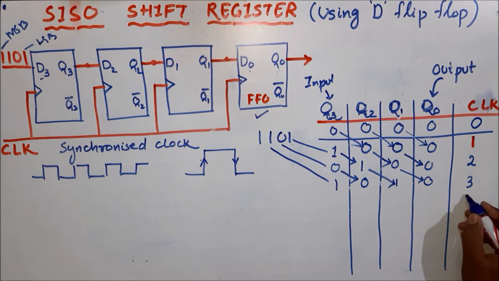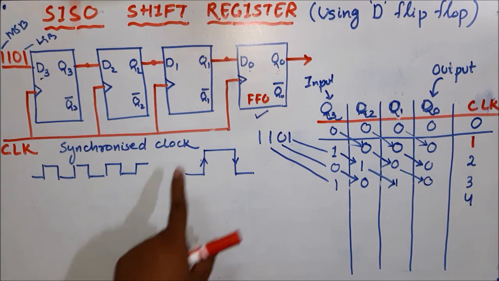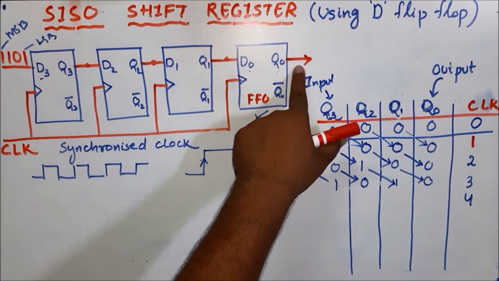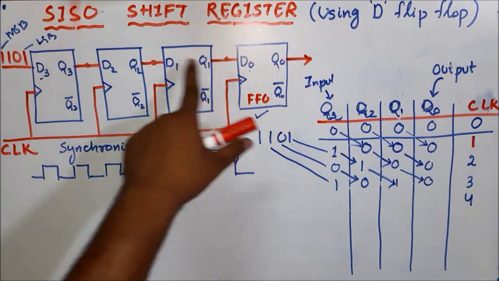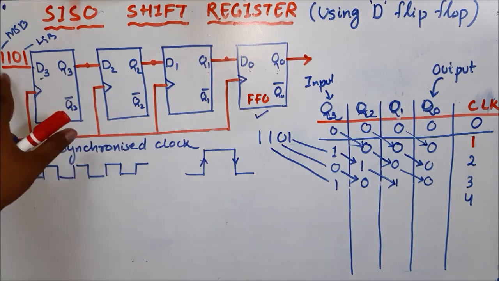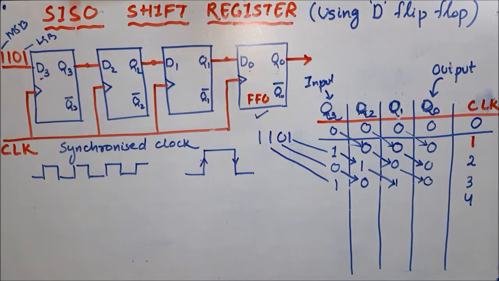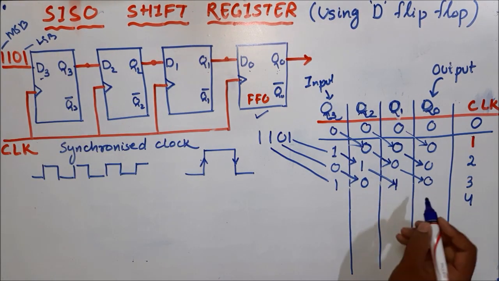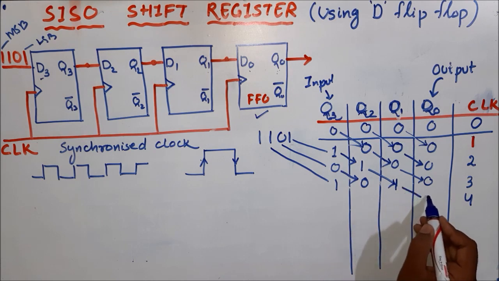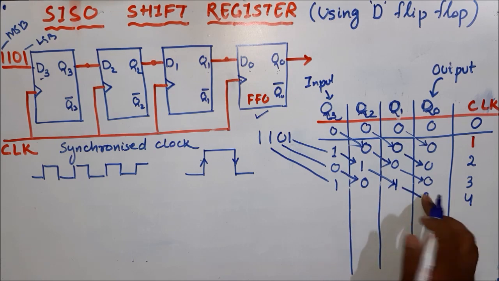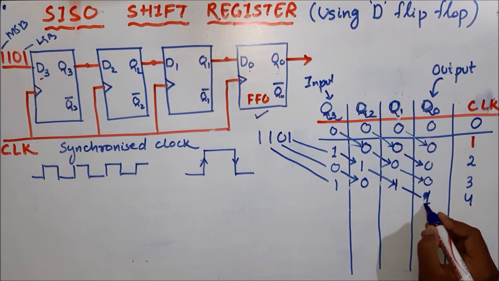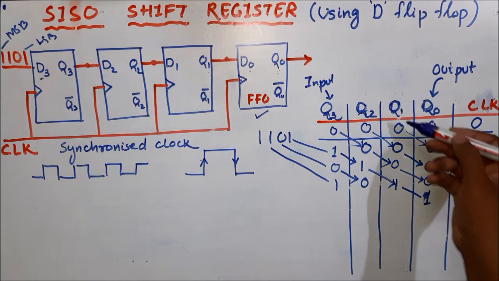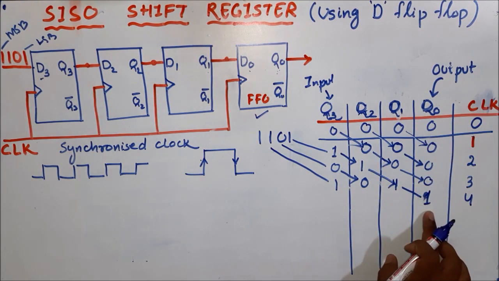For the fourth clock pulse, what happened? When I apply the fourth clock pulse, this rotates to this place, this rotates to this place, this goes to this place, and the last data goes to this place. Similarly, here it was 1, this one is rotated to this, so this becomes 1. That means Q1 is rotated to Q0.